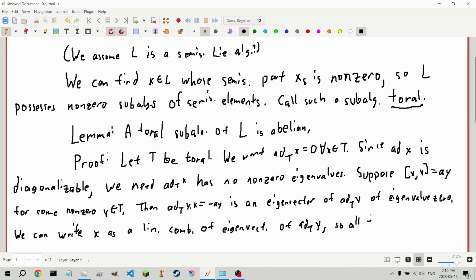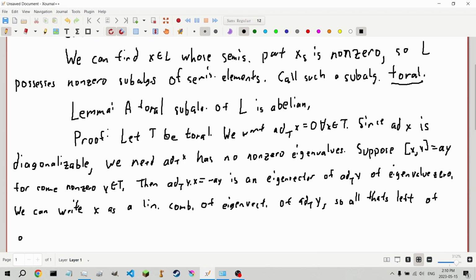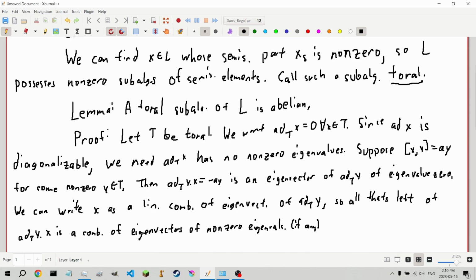So all that's left of the adjoint of y on x is a combination of eigenvectors of non-zero eigenvalues, if any, which contradicts our supposition.